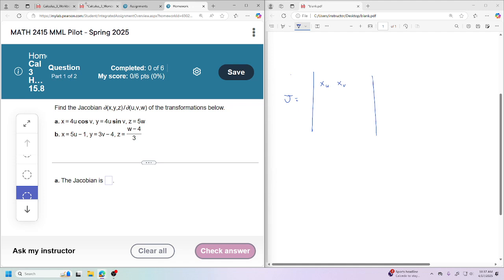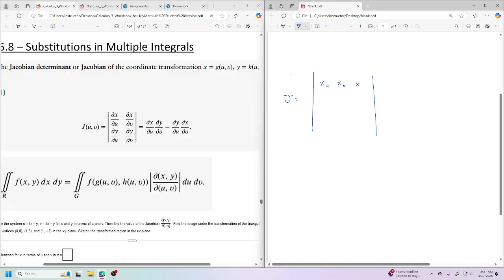Going along with the pattern, I would have x in terms of w in the top right. And then we just keep going: y in terms of u, y in terms of v, y in terms of w, z in terms of u, z in terms of v, z in terms of w.